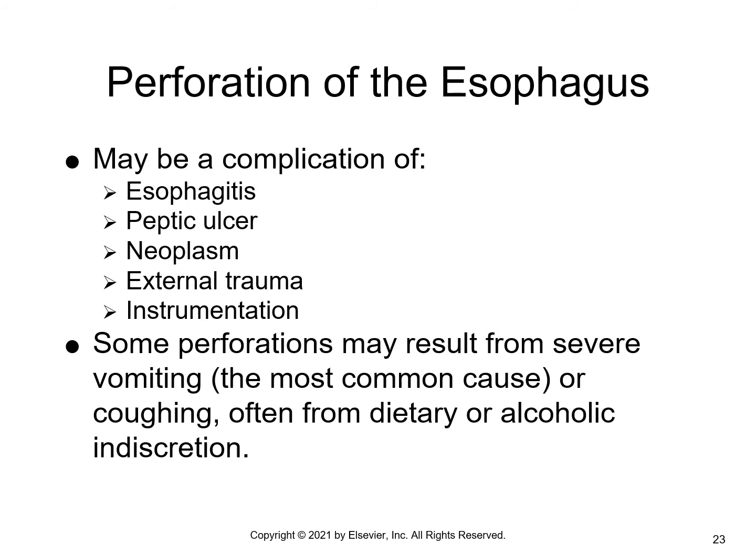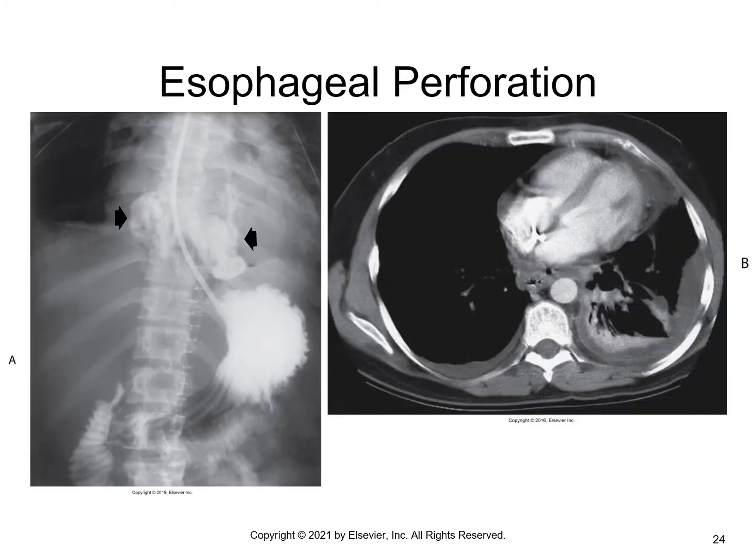Some of the perforations can result from severe vomiting, and this is especially associated with alcoholism. So there's already some weakening in the system typically, and by very, very violent vomiting, sometimes the pressures can cause rupture or perforation of the esophagus.